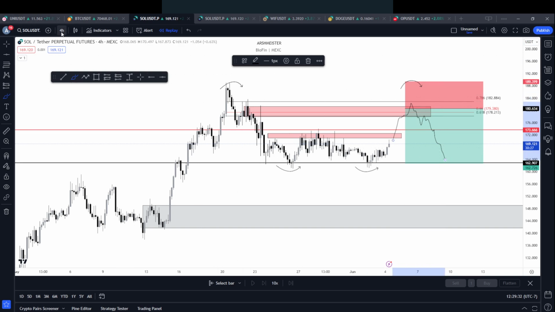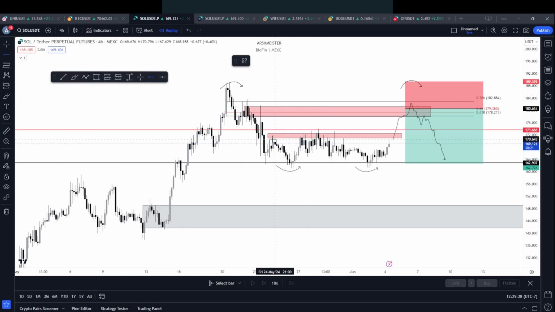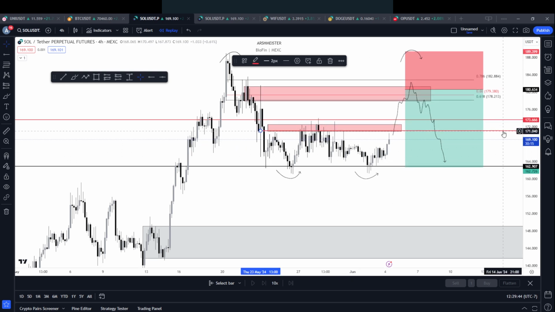But in terms of longs currently, here's your resistance.